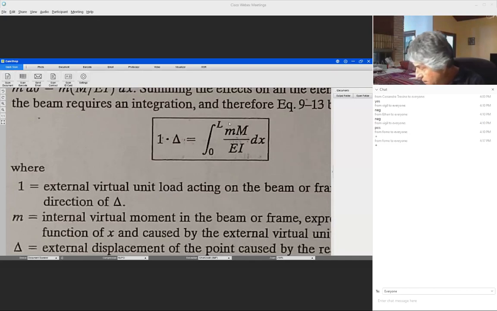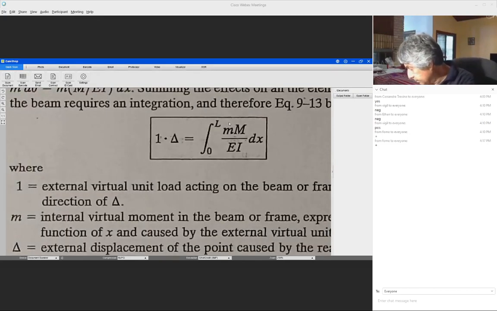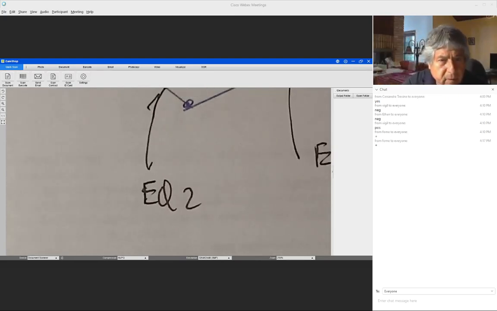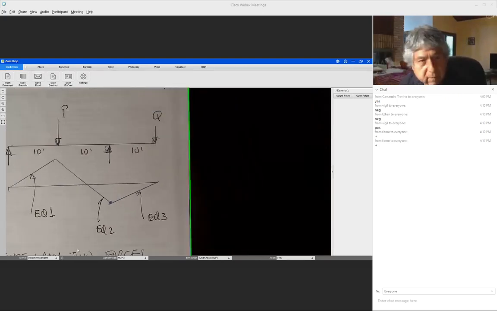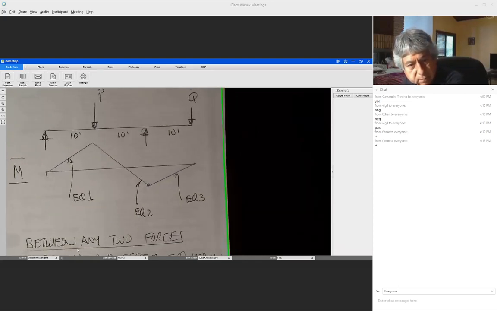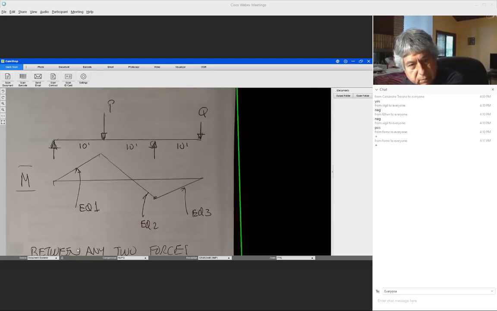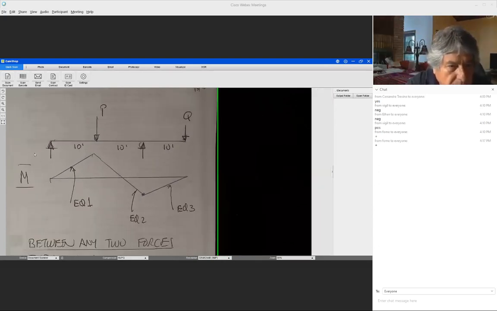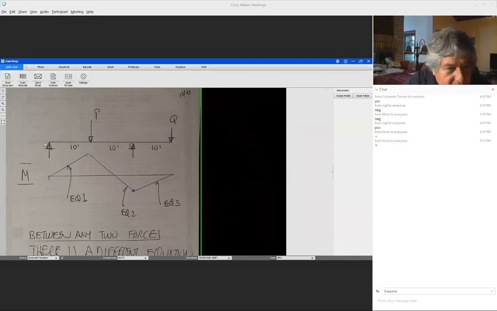In order to understand this, first, I want you to look at it. I had a structure. The distance between this reaction and this load is 10, and between the reaction and this is 10.